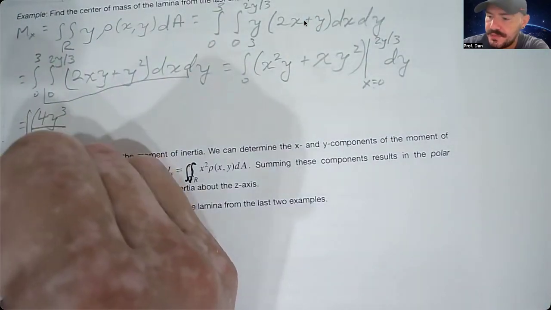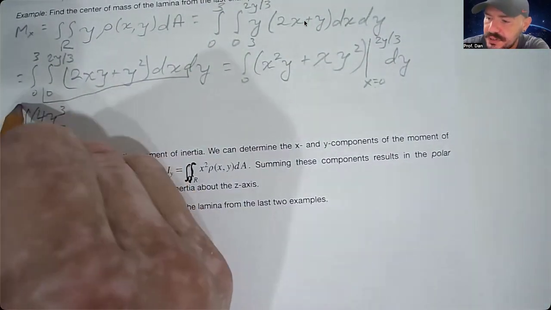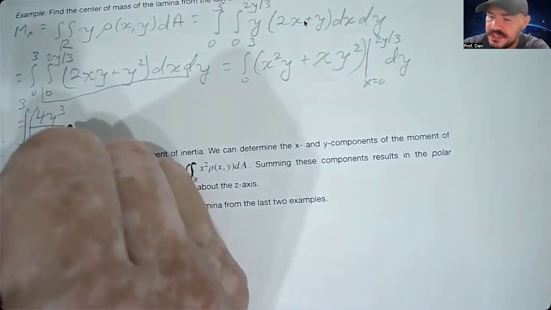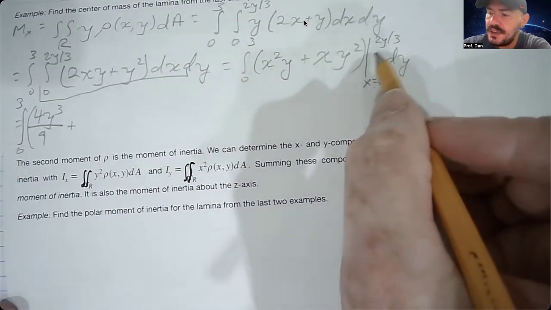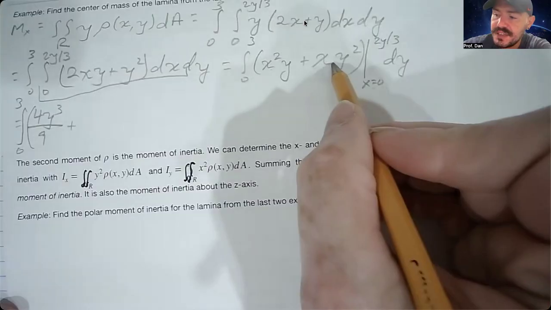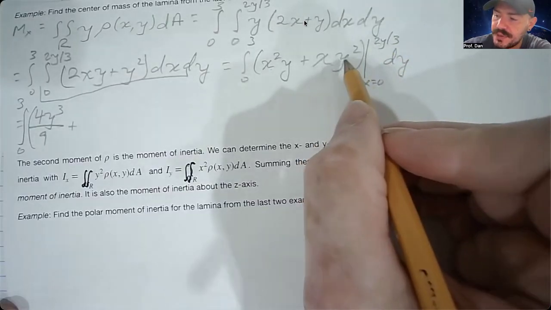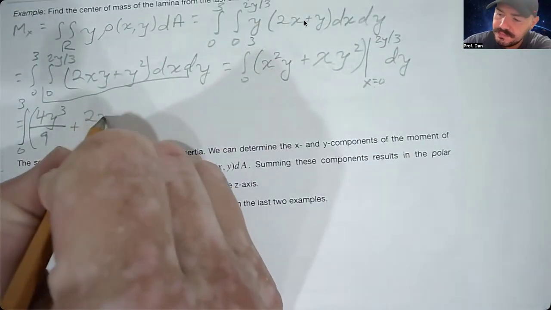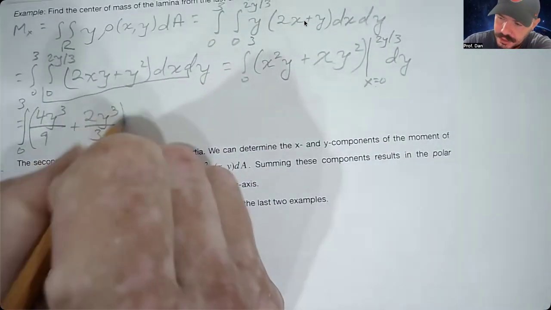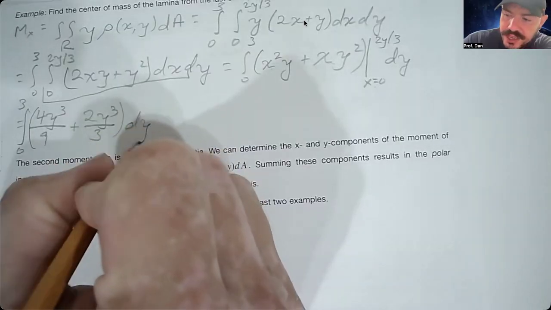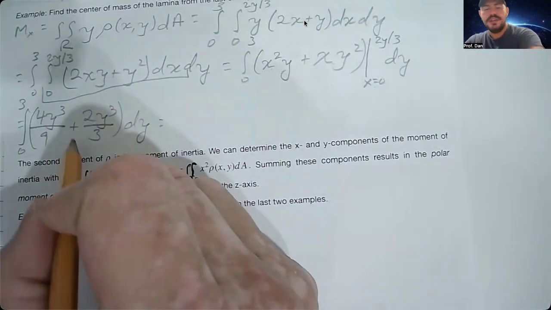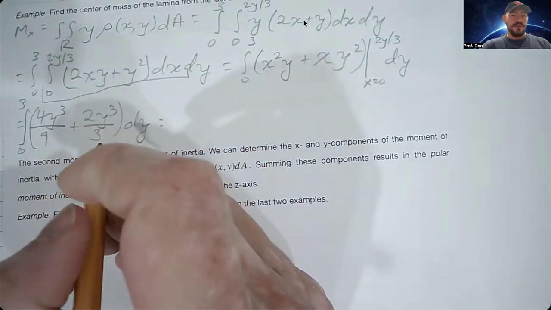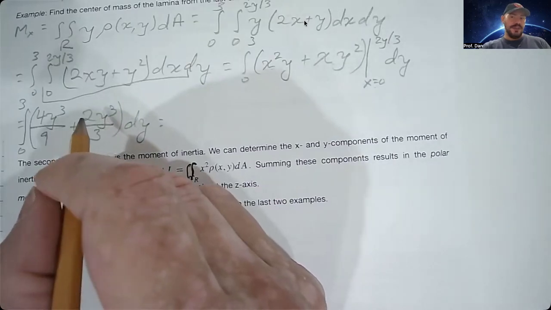And I should not forget the rest of my notation, because that would be silly. All right, and then substituting this x, I would multiply by y squared. That would give me 2y cubed over 3. And we have to integrate this with respect to y. Now, before I do that, though, I'll notice that both of these terms only have y to the power 3.